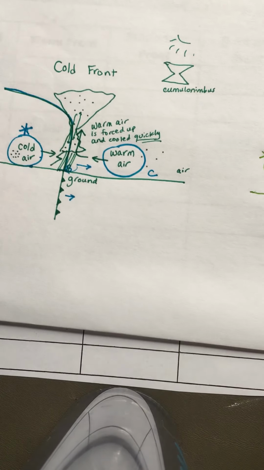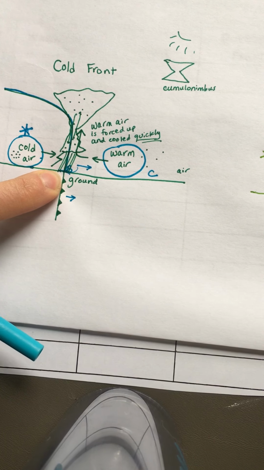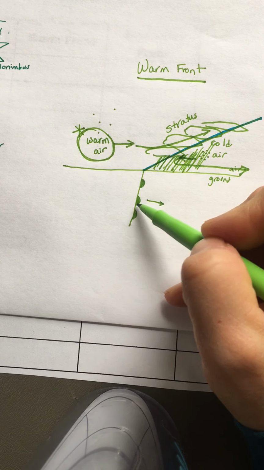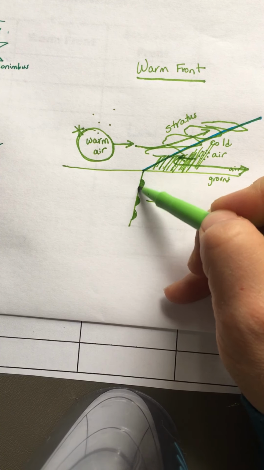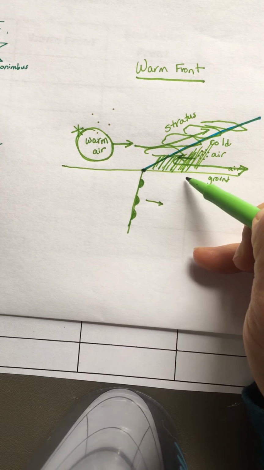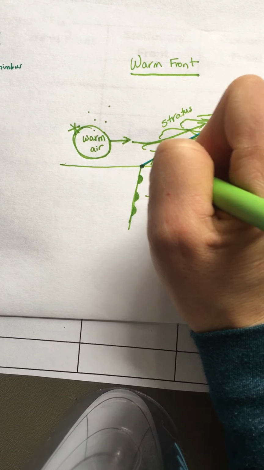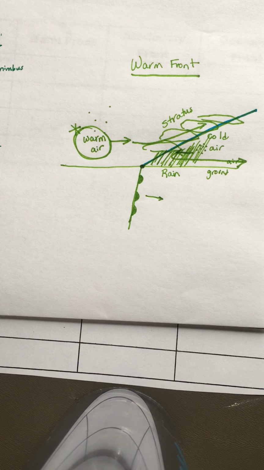Well, before when we had our cold front, remember our precipitation was right at or slightly behind the front? Look at where the precipitation is now. The rain is actually going to be in front of this front line. All right, so here's where these two air masses are colliding essentially, and the rain is going to be right in front of it. So this is going to be rain from low stratus clouds. Why did those clouds form there?